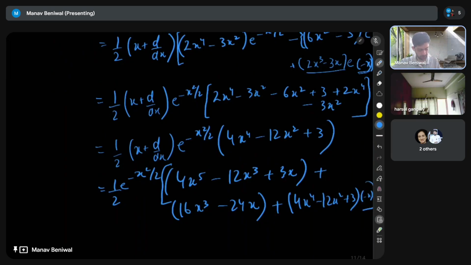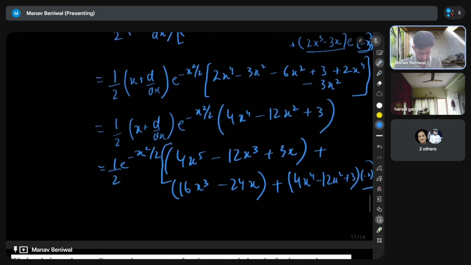Okay, hopefully we are doing it correctly. So e to the minus x squared by 2 over 2, and inside, what we have is x to the 5, and here also we will have x to the 5. So this is 4x to the 5, again this will be minus 4x to the 5, so the x to the 5 term goes to 0. Let's look at the x cube term.